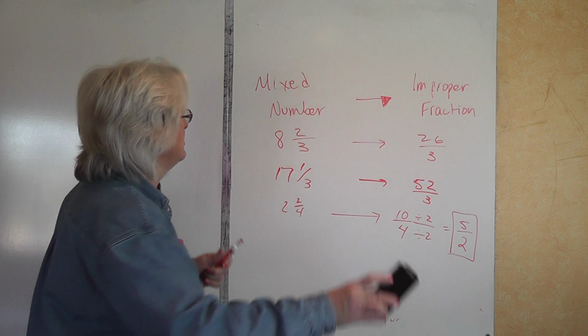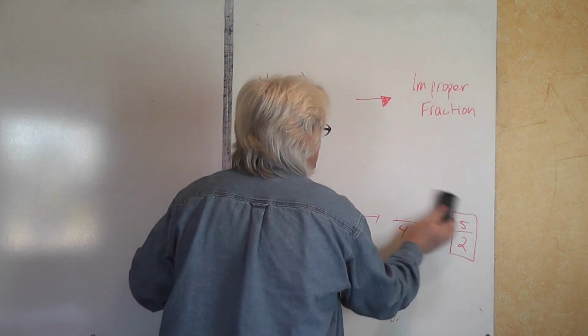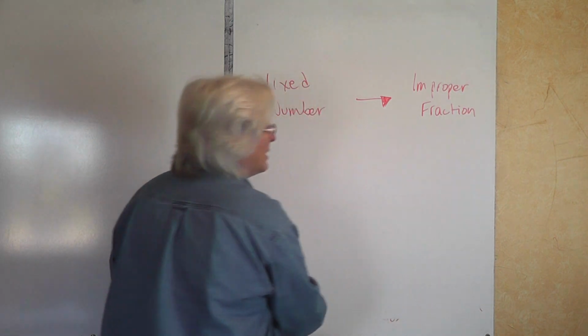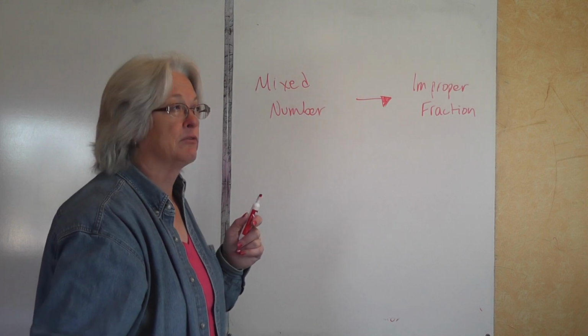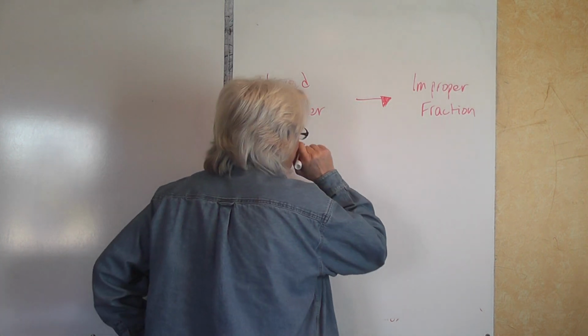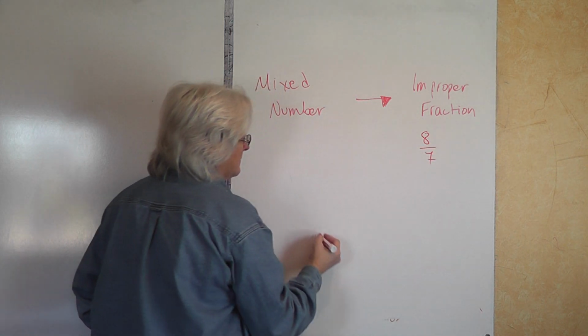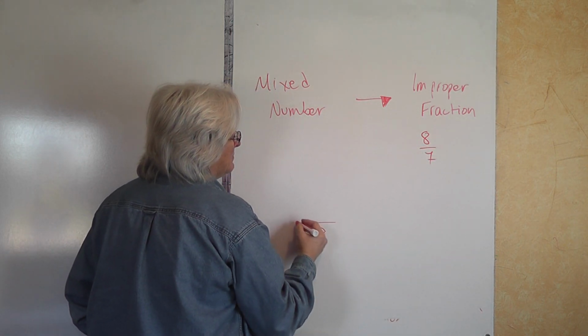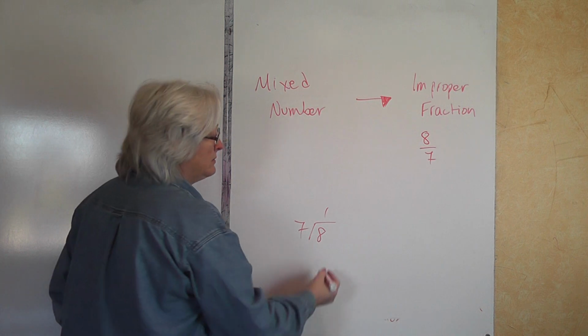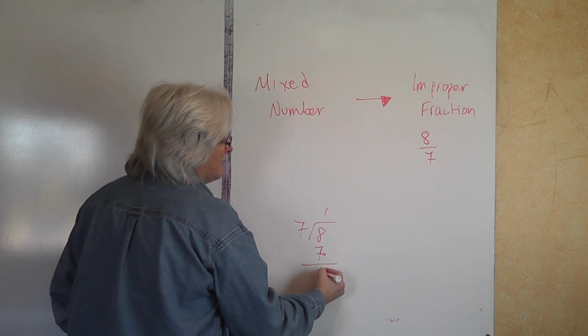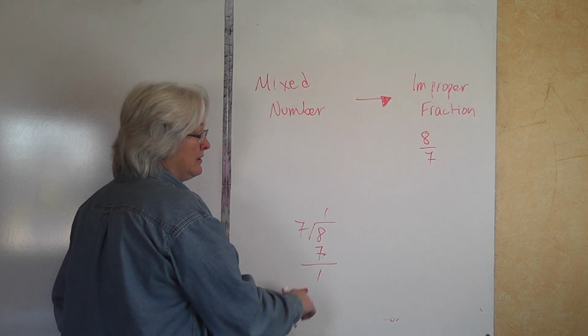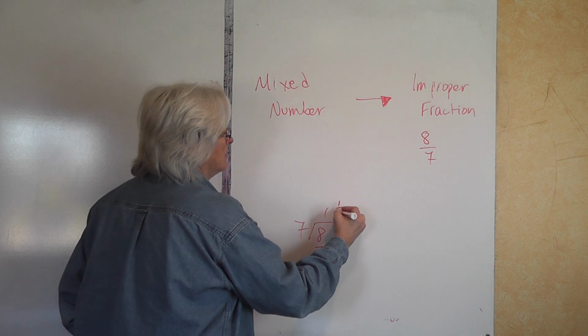You remember what you do for an improper fraction? You divide the numerator by the denominator, write the remainder as a fraction. If we have 8/7, 8 divided by 7 is 1. You have a remainder of 1. Your remainder is the numerator of the fraction.